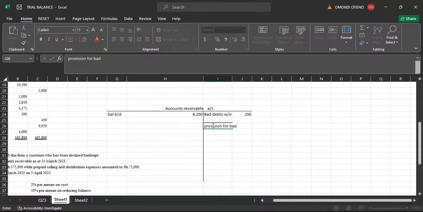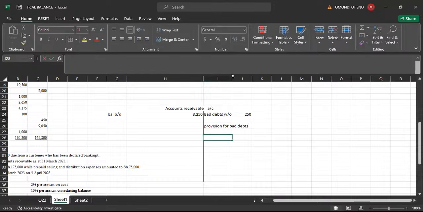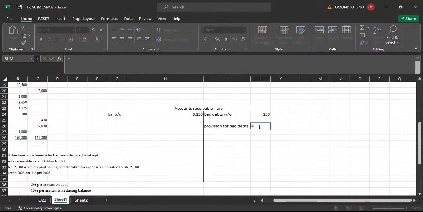It is either bad or doubtful debts. So provision for bad or doubtful debts, we are being told that it is 5% of the net debtors value. So the net debtors value is equivalent to what was there at the beginning of the year or at that point minus what will not be paid in the name of a bankrupt debtor.